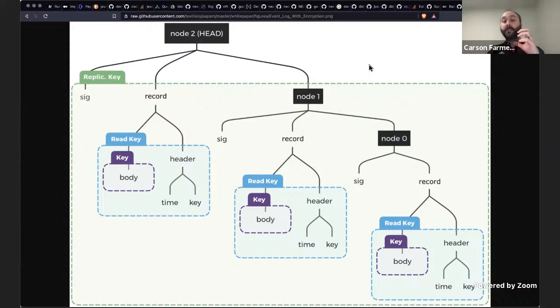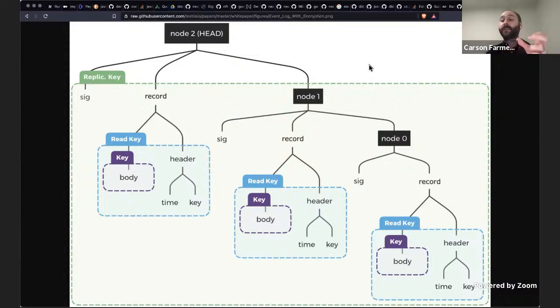And then each record that gets added to this single writer log is additionally wrapped with the replicator key. The reason for this multi-layered way of doing things is that it allows a peer, or a group of peers, to pass off a replicator key. Sorry, it used to be called a replicator key. Now it's called a service key.